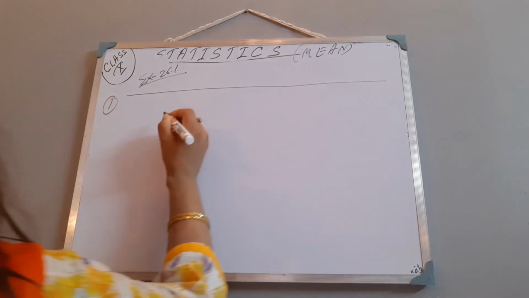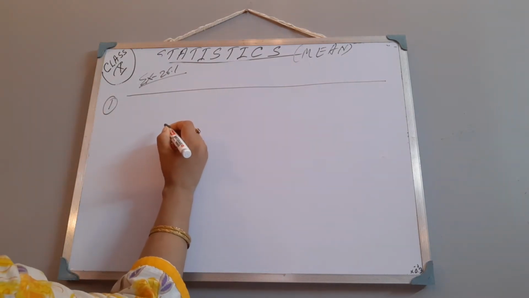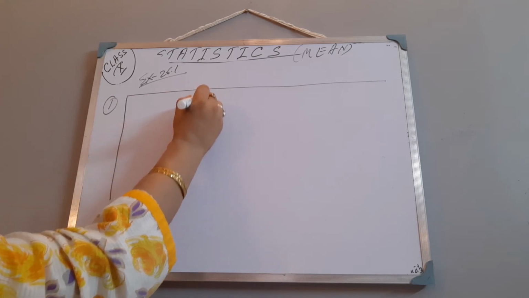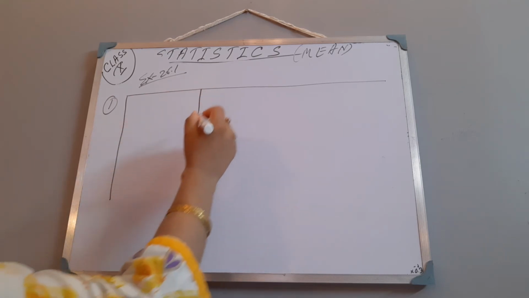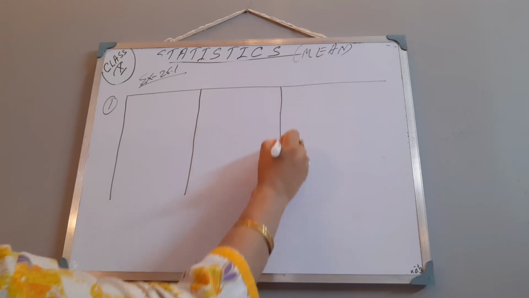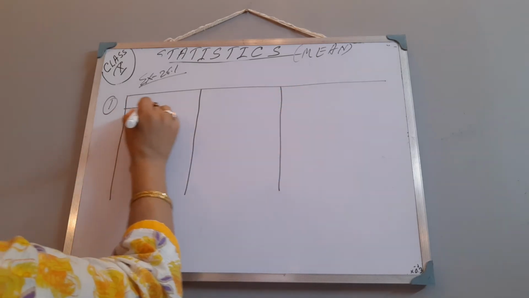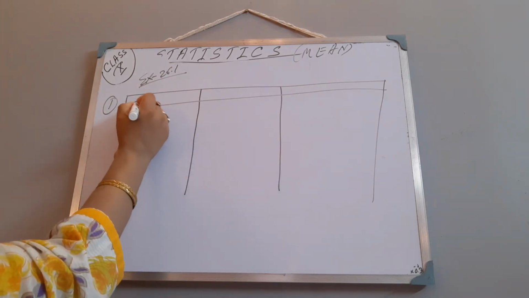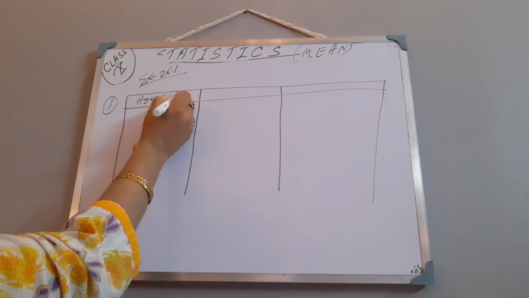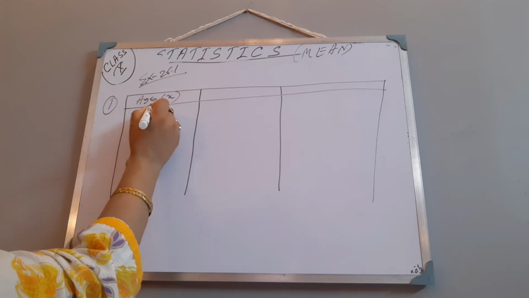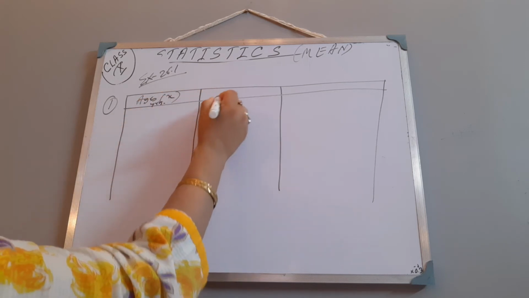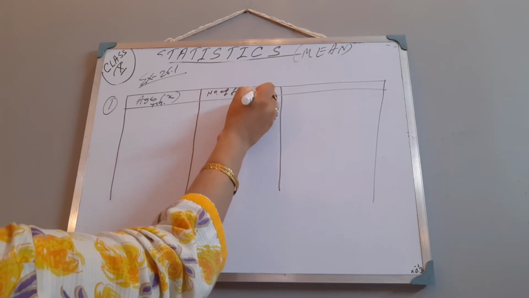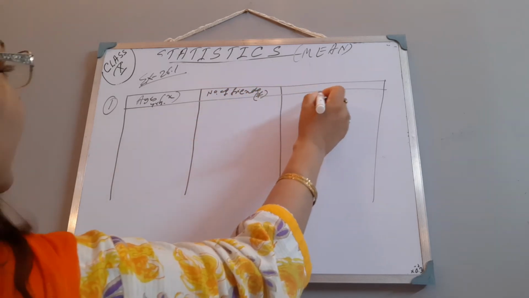Next, what is the age given? We have to find the average age of 40 frames. Age is given as x years, and the number of frames is f, and then fx. This is very easy.